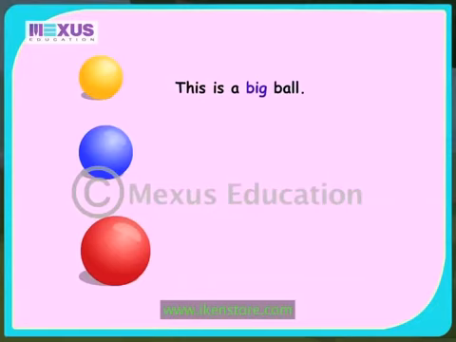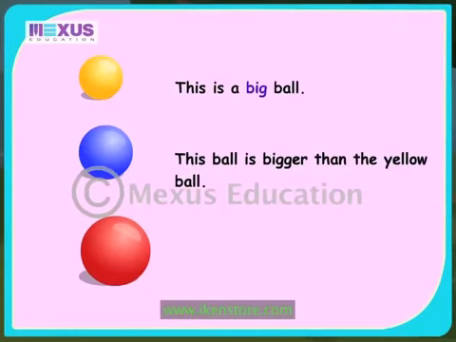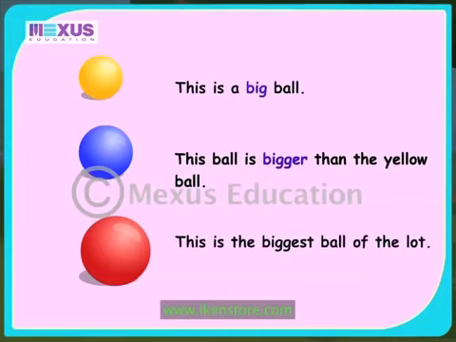When we say, "This ball is bigger than the yellow ball," we are comparing the two balls in terms of size. So we say that the blue ball is bigger in size than the yellow ball. When we say this is the biggest ball of the lot, we are comparing the size of this ball with all the balls that are present with Zizi. So we say that the red ball is the biggest of all.